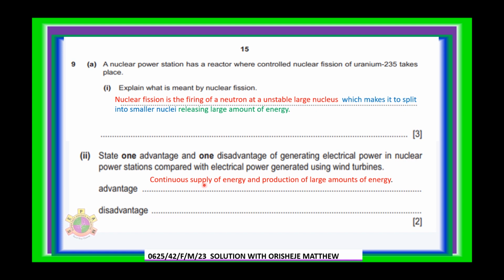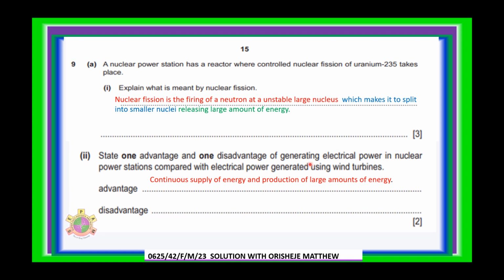One, there is continuous supply of energy and production of a large amount of energy when you use a nuclear power station. But in case of using a wind turbine, you cannot have a guarantee of the continuous blowing of wind. The wind cannot always blow continuously, so there's no guarantee for it.